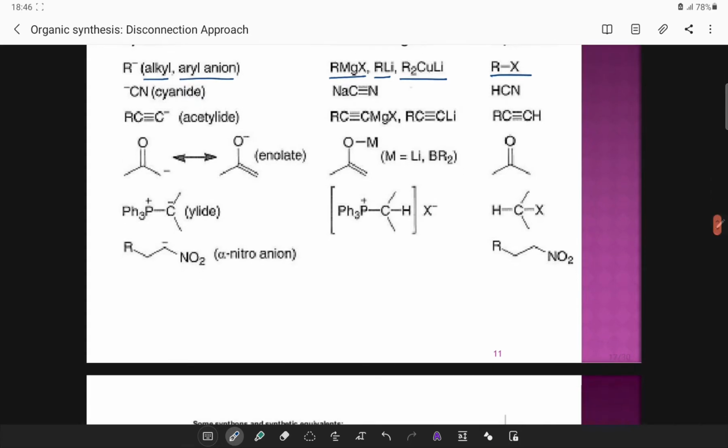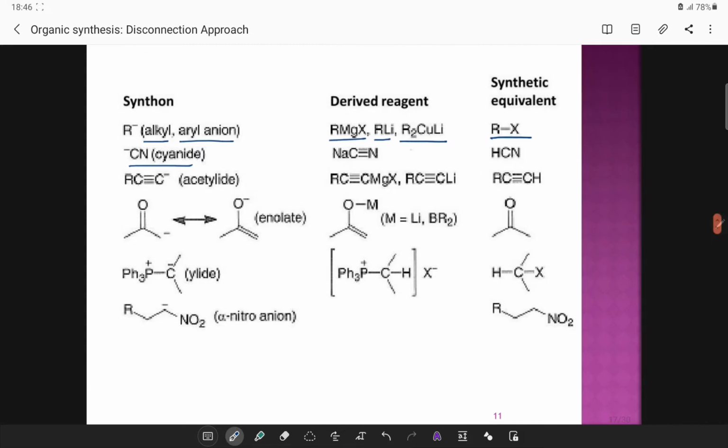The second type of synthon is a cyanide. Here the derived reagent is said to come from NaCN. The synthetic equivalent can be HCN. The derived reagent can be sodium cyanide and the synthetic equivalent can be hydrogen cyanide.